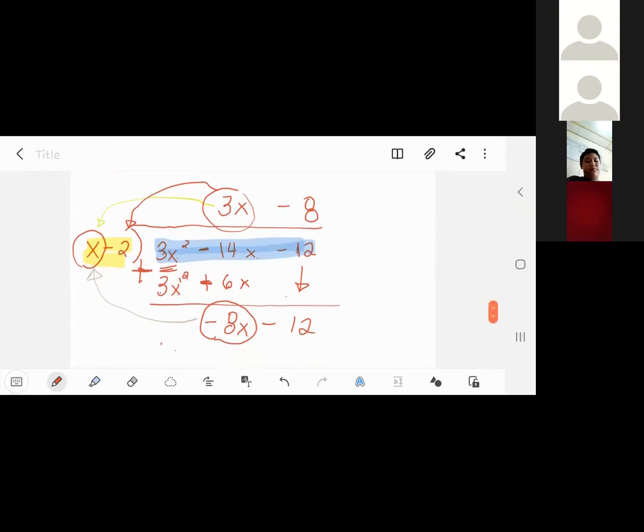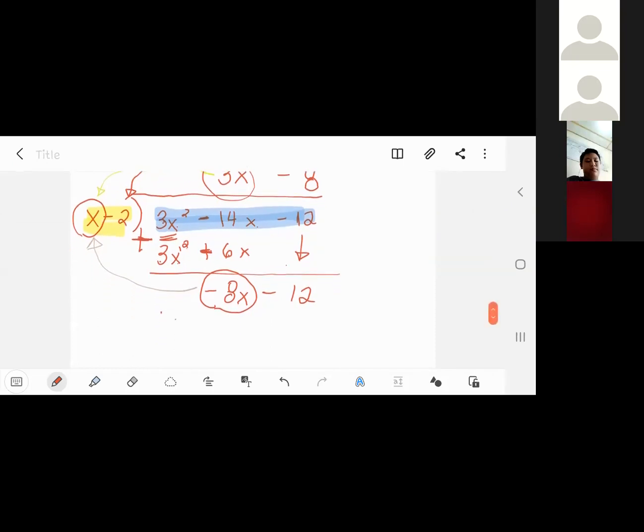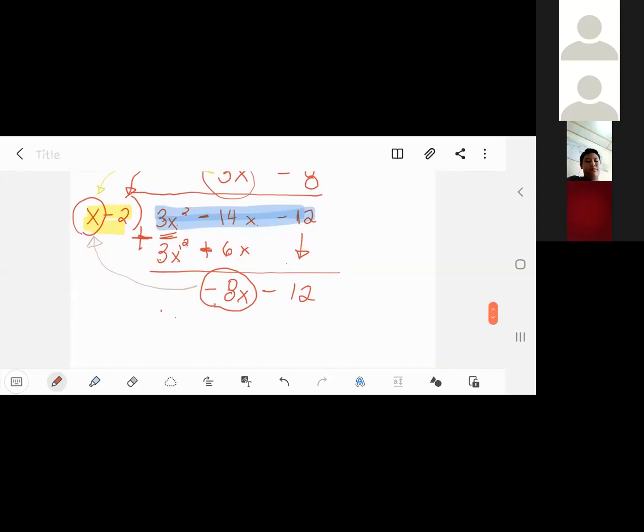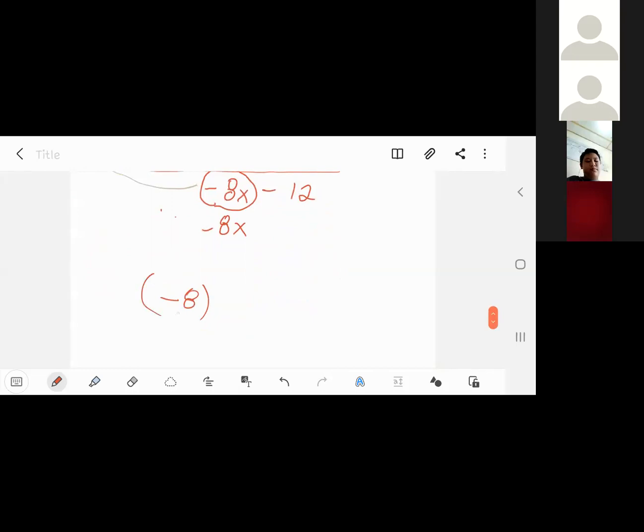Now, negative 8 times x, how much? Negative 8 times x is equal to negative 8x.